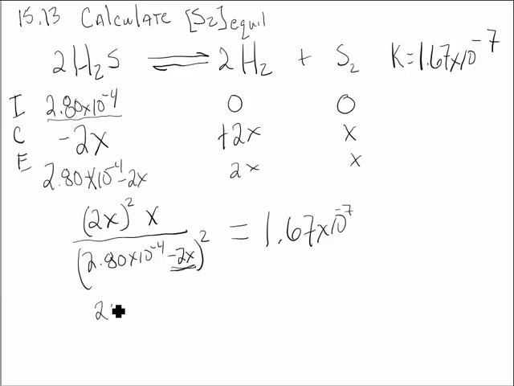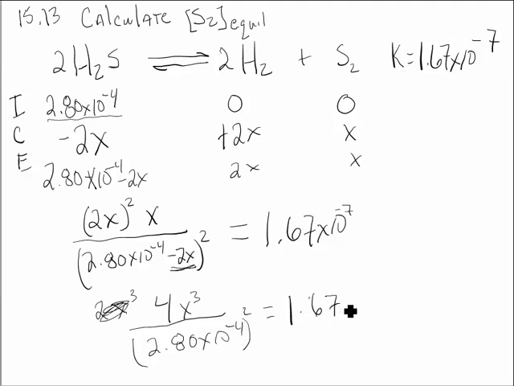So this now becomes 2x, cubed. I'm sorry, this is actually 4 because it's 2 times 2, and then x squared times x, so that's x cubed. That's divided by now just simply 2.8 times 10 to the minus 4th, and that whole thing has to be squared, is equal to 1.67 times 10 to the minus 7th.